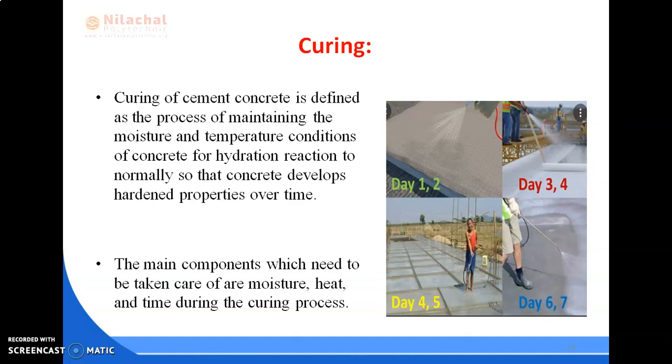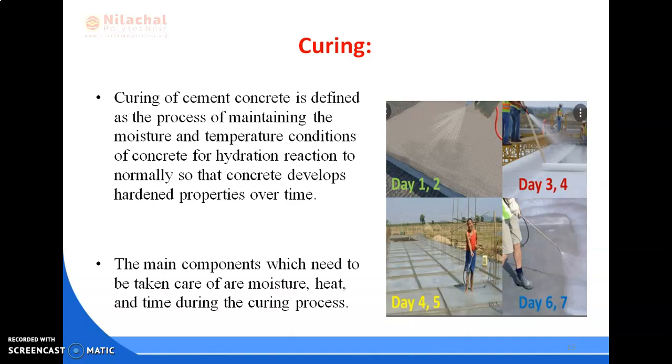Next, after compaction, is curing. It is an important process. Curing of cement concrete is defined as the process of maintaining the moisture and temperature conditions of concrete for the hydration reaction to proceed normally, so that concrete develops hardened properties over time.